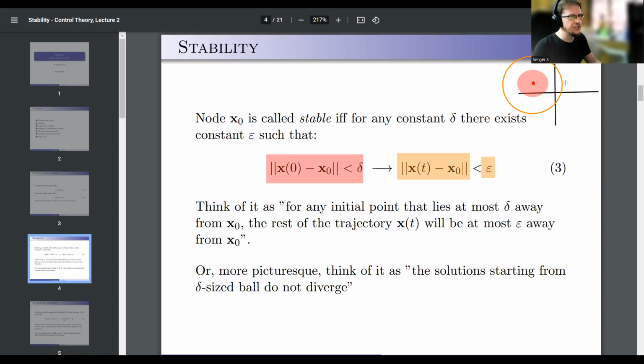So in this case, if we start in this pink area, we're not going to exceed this orange area. We're not going to go outside of the orange area. That is the idea. In other words, the solutions starting from a delta-sized ball do not diverge, so they don't go away.